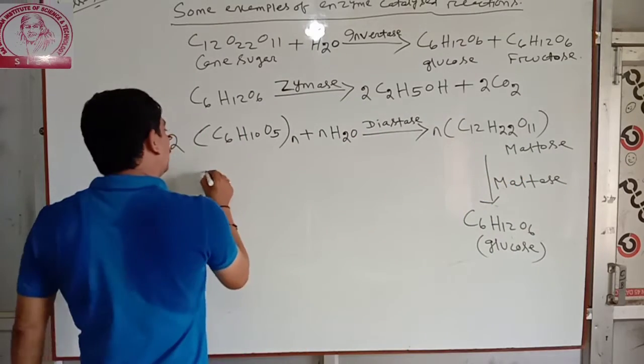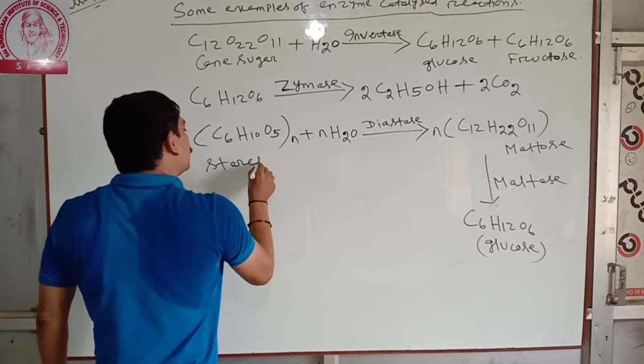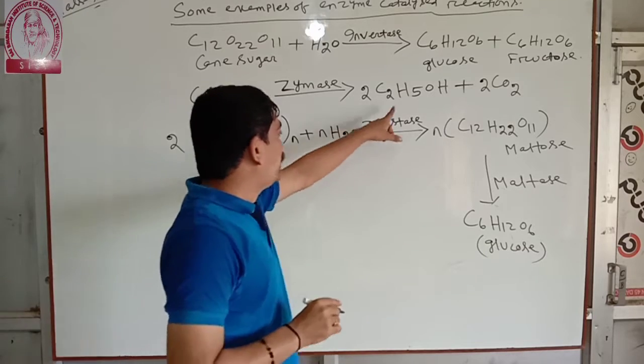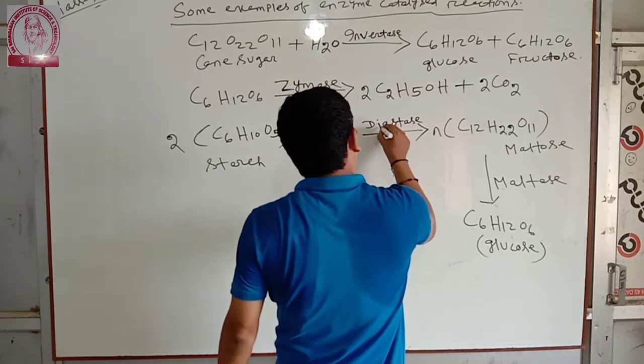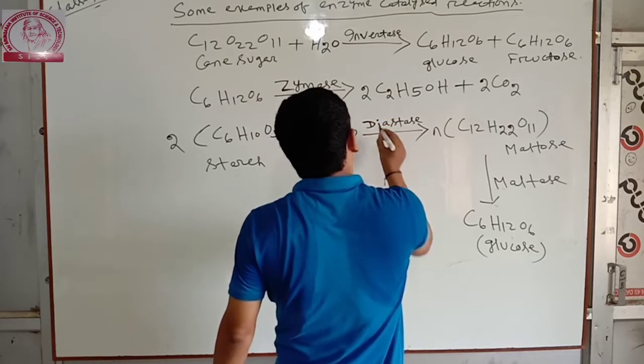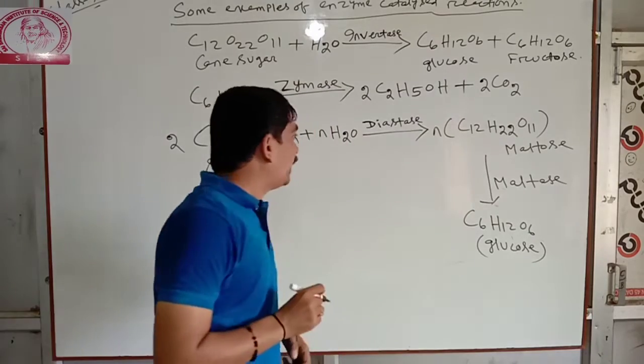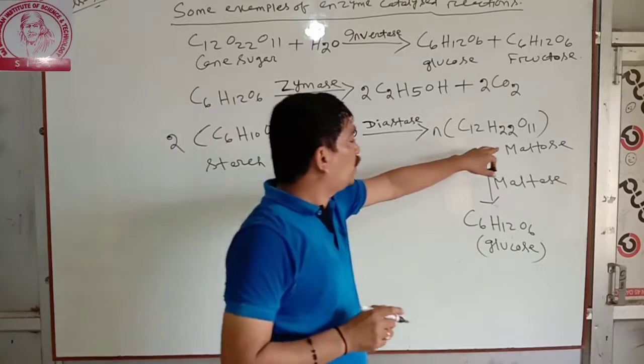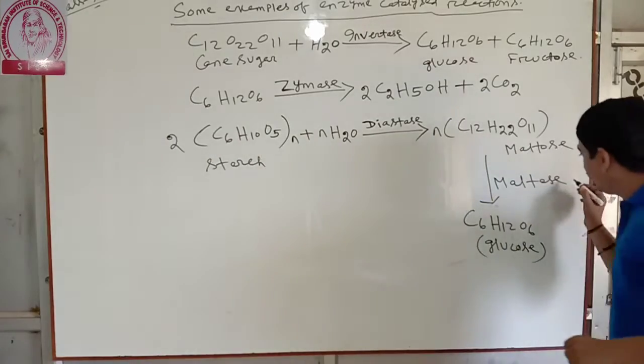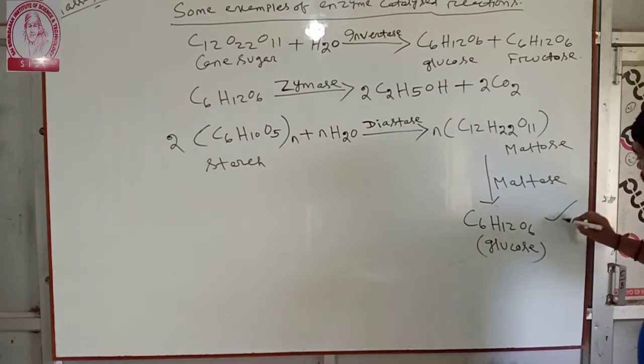So this is starch plus nH2O in presence of enzyme diastase, that gives maltose. Maltose in the presence of enzyme maltase converts to glucose.